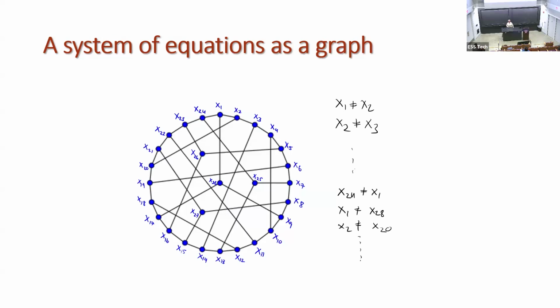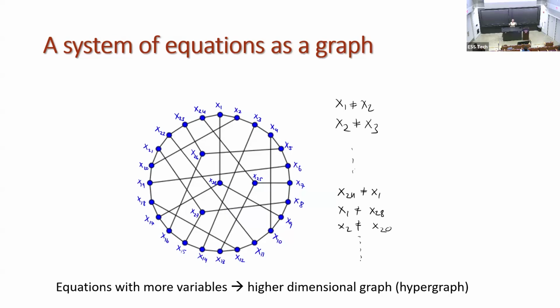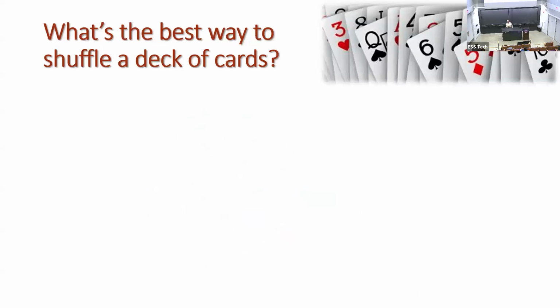You might think that it's weird to just look at equations that look at only two variables, but somehow you can always have equations that look at more variables, and that will give you higher dimensional graphs, like hypergraphs. And we will get to that towards the end of the talk. Anyway, this is one example of, instead of thinking of the equations in other forms, you just think of the structure, and the graph kind of tells you a geometry of the set of equations.